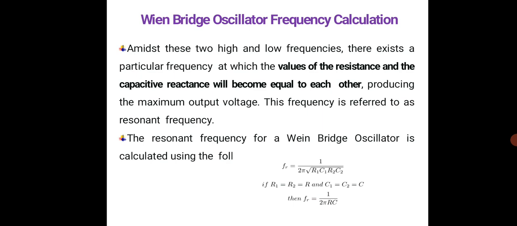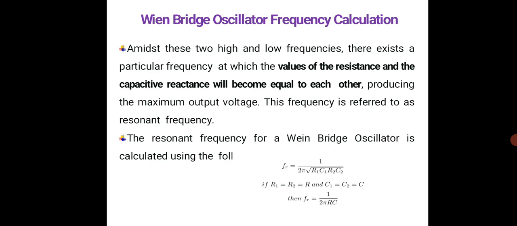So how to calculate the frequency? Amidst these high and low frequencies, there will be a particular frequency at which the values of the resistance and the capacitive reactance will be equal to each other, which generates a maximum output voltage. We know that this frequency is referred to as the resonant frequency. The resonant frequency for a Wien bridge oscillator is calculated as follows.